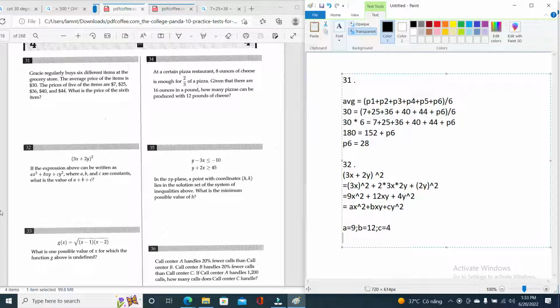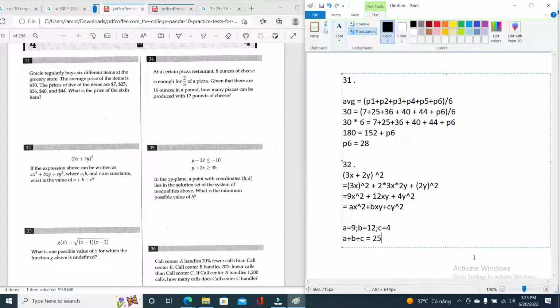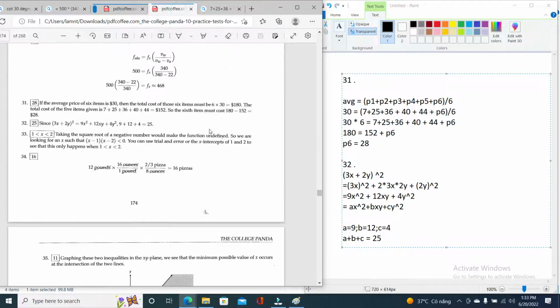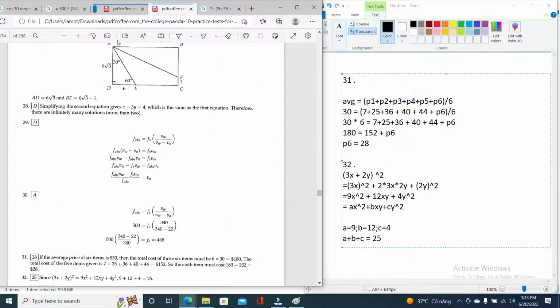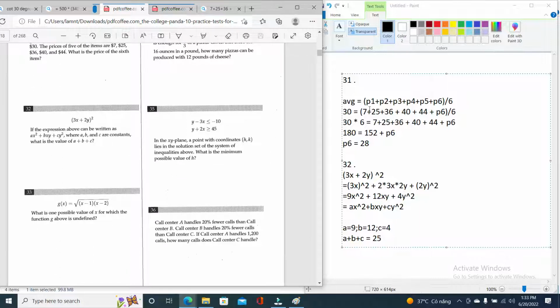So a plus b plus c should be equal to 25. Alright? Very nice. So it's 25 indeed. 33.